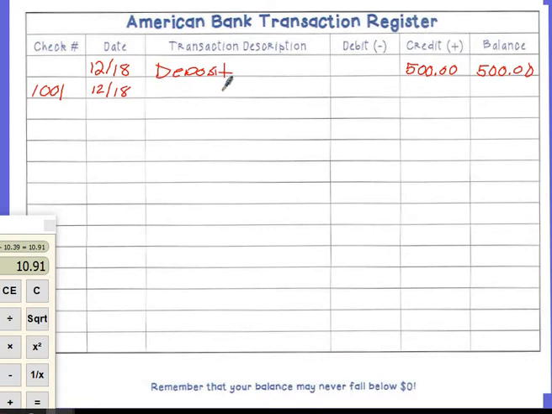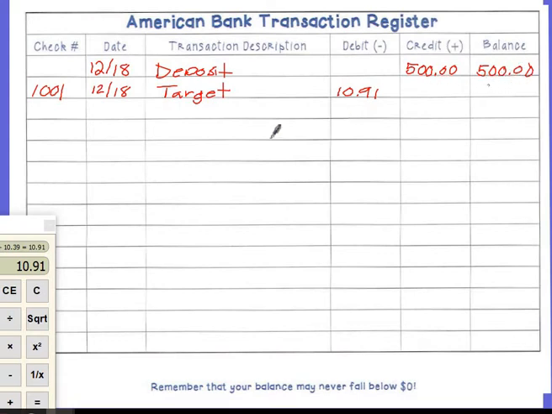Here, transaction description, that's your store name. So I would write Target. Now, is it going to be a debit or a credit? Debit. I'm subtracting that. So I would write 1091. What would my new balance be?